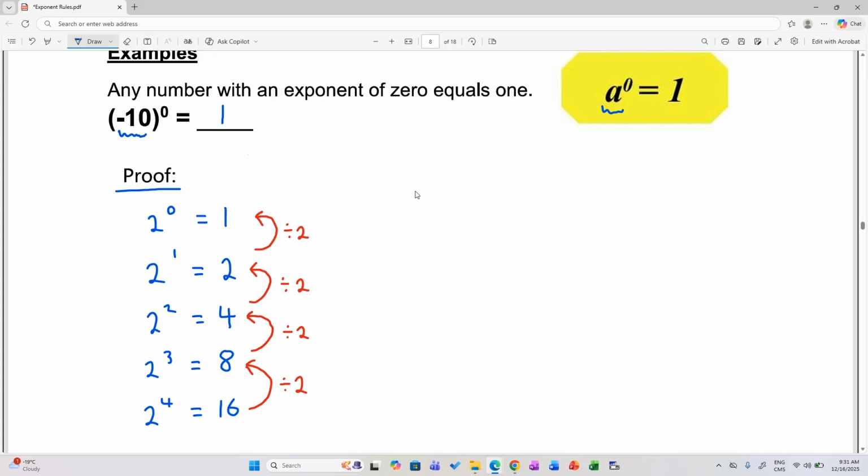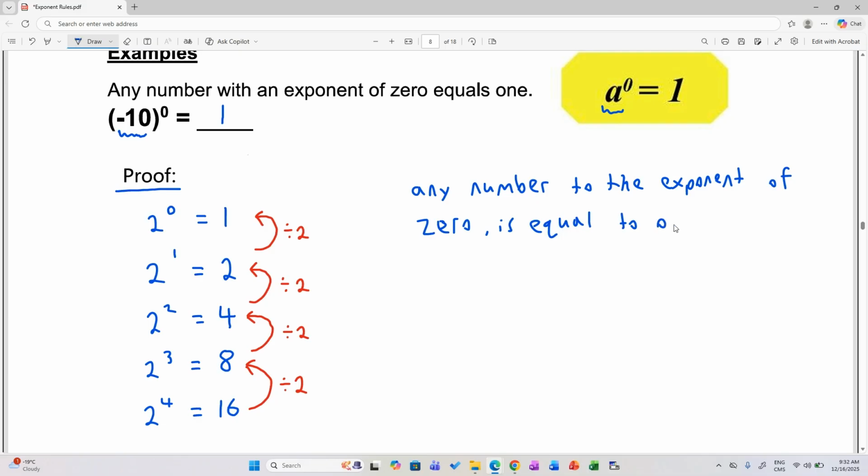So I'm going to write that down. Any number to the exponent of 0 is equal to 1.